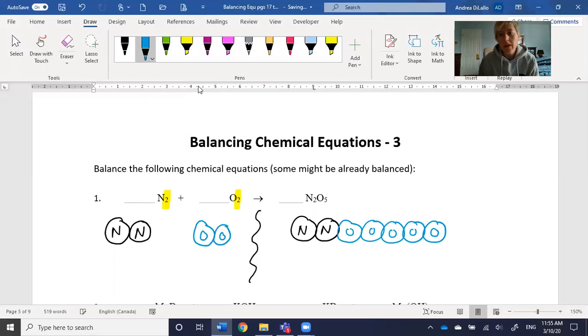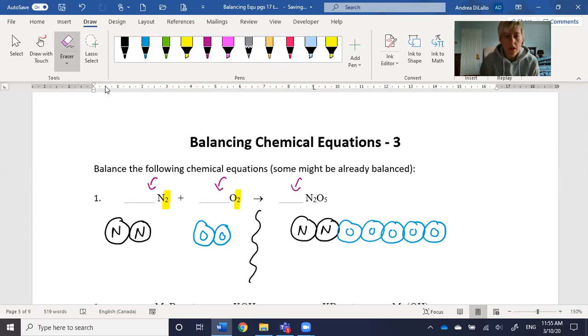So the only thing that I could do when I'm balancing a chemical equation is changing my coefficients. So that means putting big numbers in front of my molecules so that my total atoms and the total respective elements on the reactant side equals the same amount on the product side.